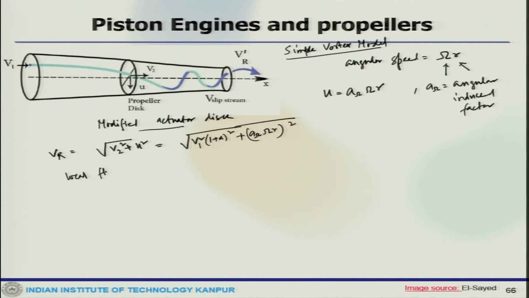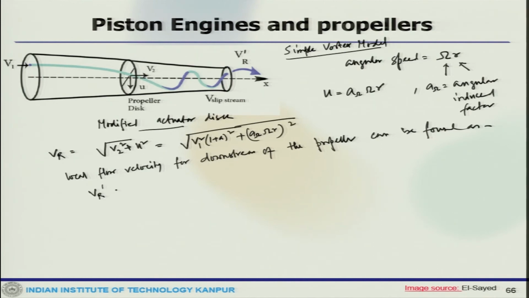So, the local flow velocity further downstream of the propeller can be found as V r prime, which is the root of V4 square plus u square.